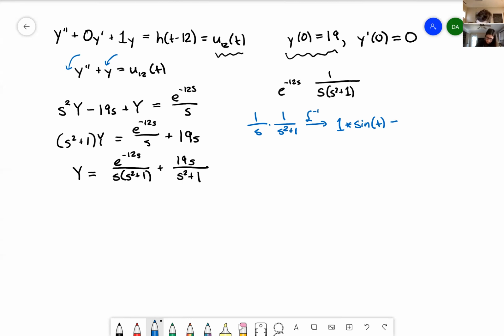So this will be the integral from 0 to t of 1 times sine of tau d tau. And so this is equal to negative cosine of tau evaluated from 0 to t. And so this is equal to 1 minus cosine t. What we should get.